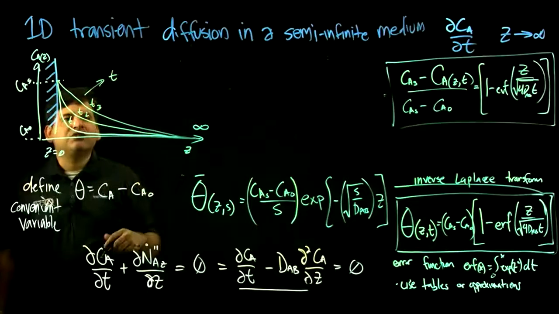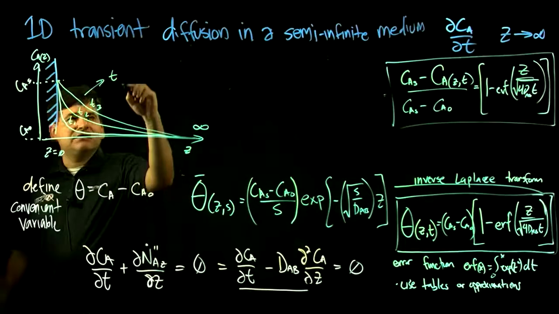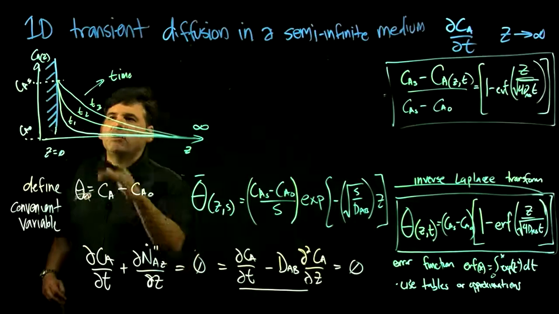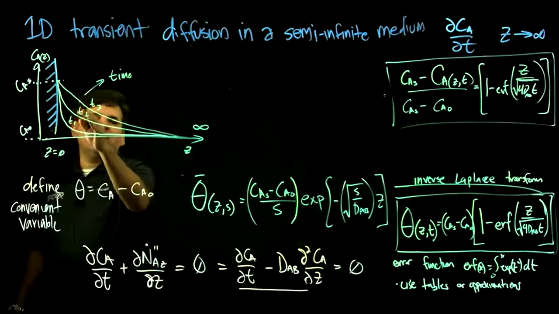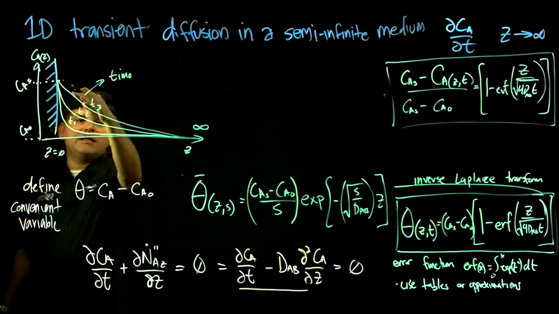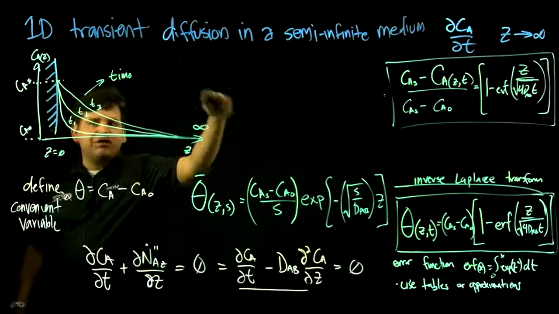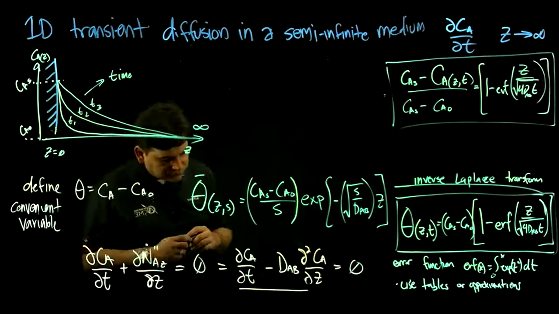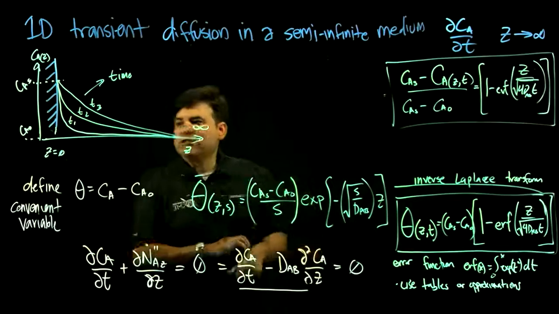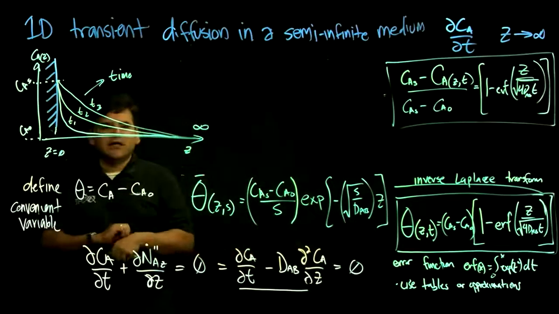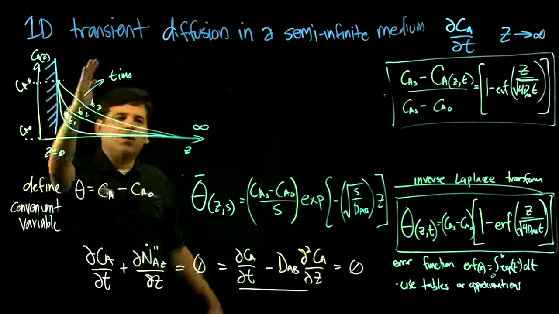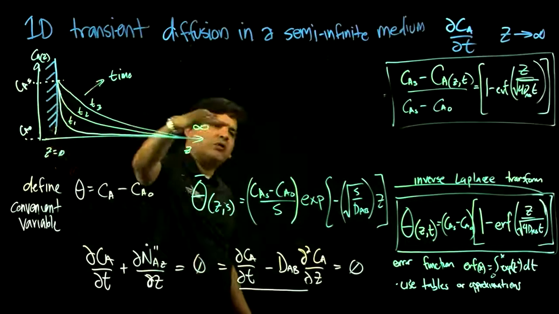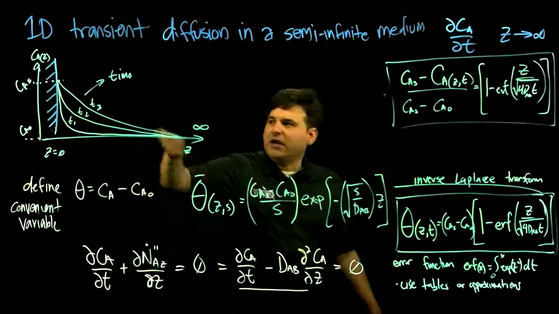So these are different snapshots in time. As you go in time, it's just going to keep on stretching out like that over time. So that's what the solution looks like. It never completely engulfs this whole region. It'll just keep asymptoting out in space, stretching out.